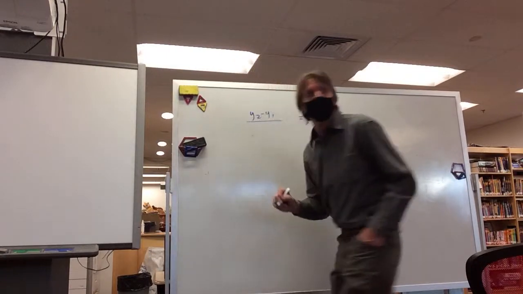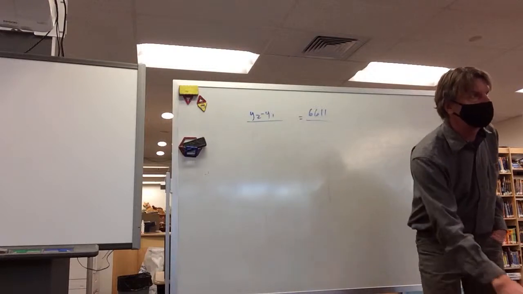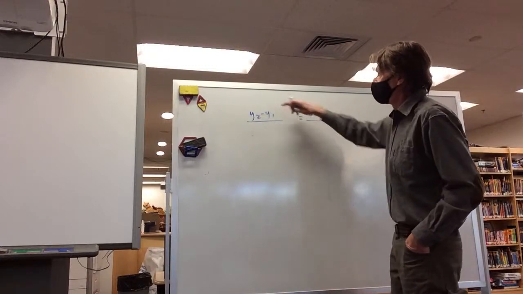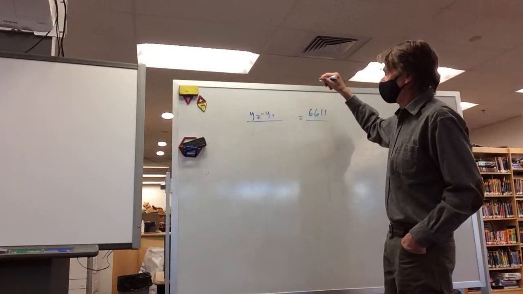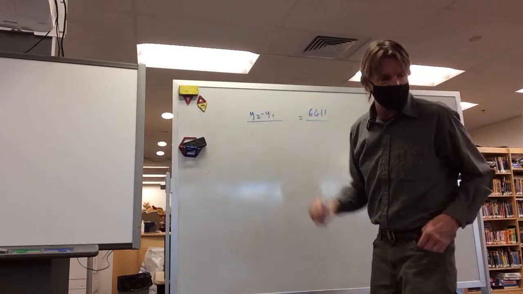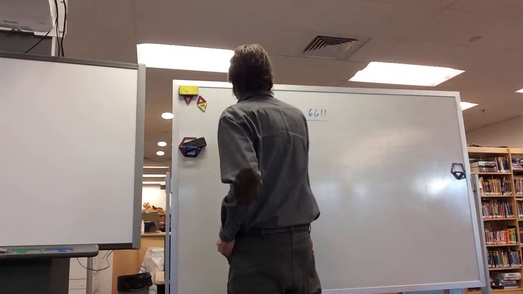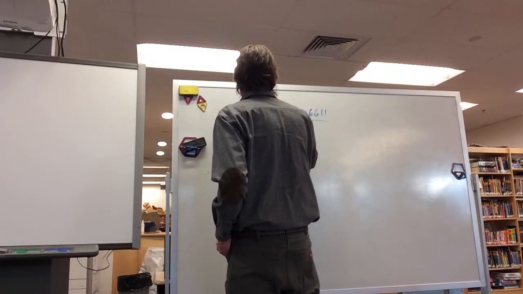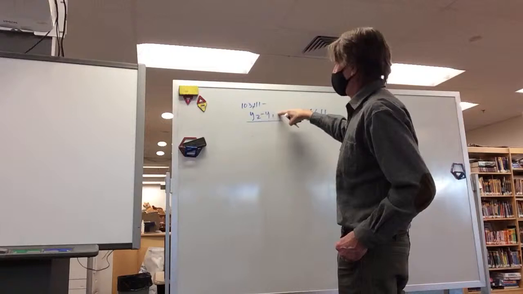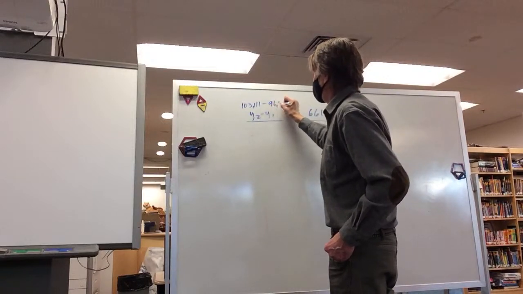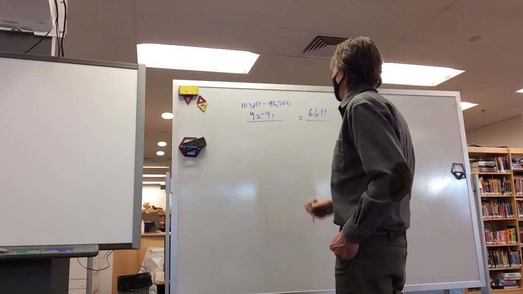Where did this number come from? What did you subtract to get to it? Oh, the attendance. So this is 103,111, and what was the attendance in 1999? 96,500? Good. So that equals this.